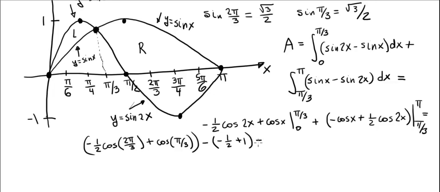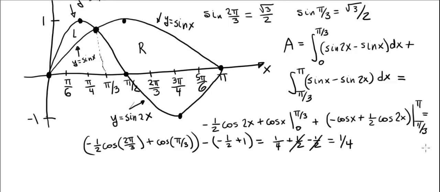Let's go ahead and compute this. Cosine of 2 pi over 3 is minus 1/2. So minus 1/2 times minus 1/2 is 1/4. Cosine of pi over 3 is 1/2, so that's plus 1/2. And then minus 1/2 plus 1 is positive 1/2, so minus 1/2. The two cancel and we end up with 1/4 for the first integral.